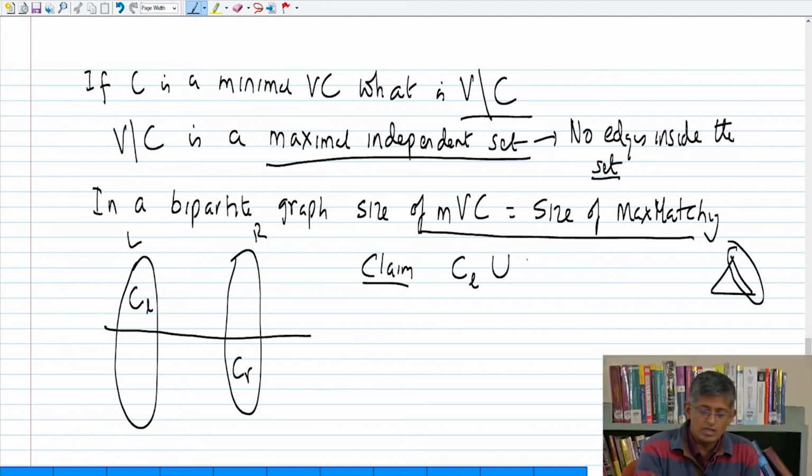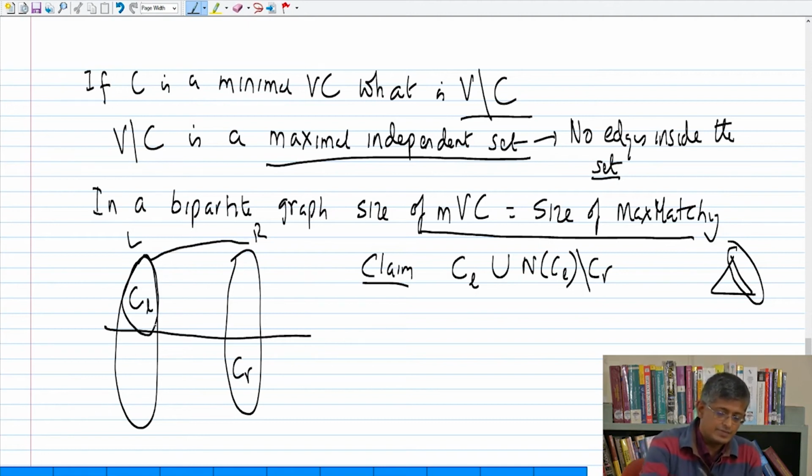C_L union N of C_L, right? That is, if I just look at N of C_L minus C_R. Fine. So this is the vertices which are in the vertex cover on the left hand side. These are the neighbors. Let us say these are the neighbors. Maybe there are some more neighbors also in C_R.